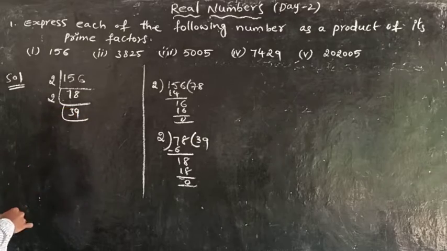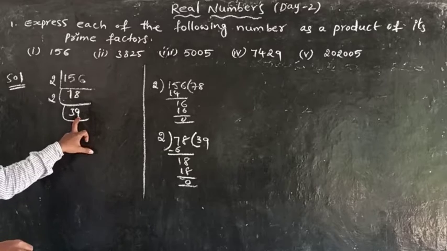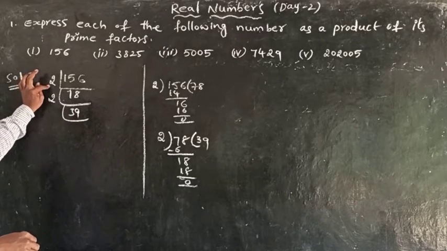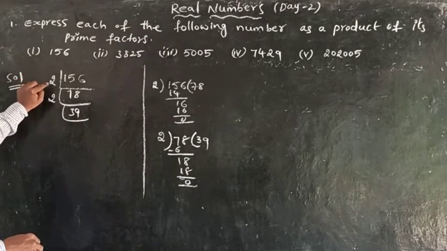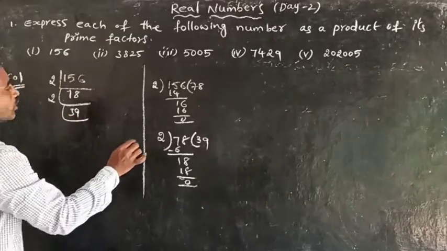Similarly, the units place has 9, so we don't take 2, because in the 2 table 39 will not come. So we will take the third table.